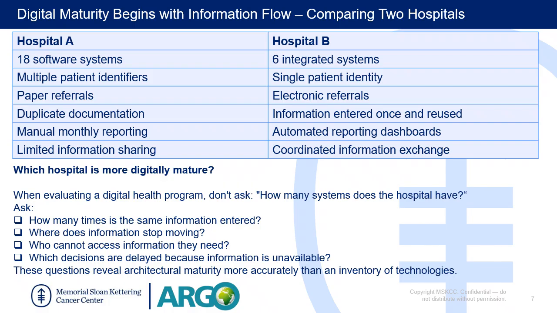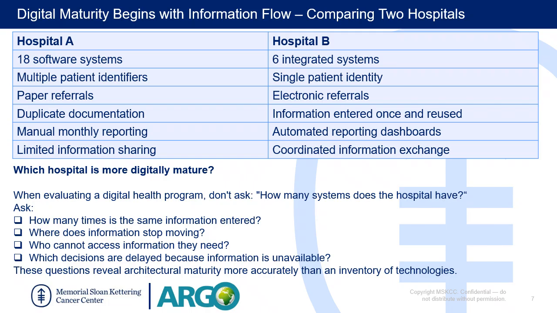They still use paper referrals. There's duplication of documentation. Their reporting process is still manual, and they do that monthly. And there's limited information sharing. Now remember, they have 18 different software applications that they use.